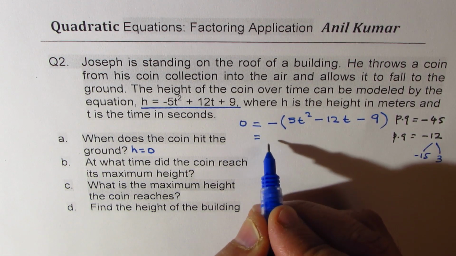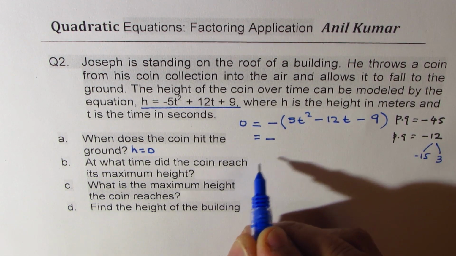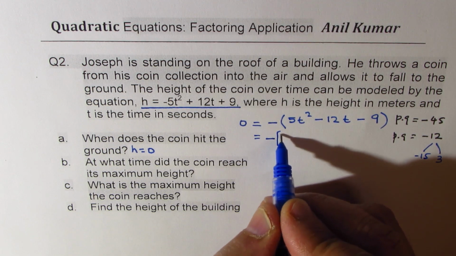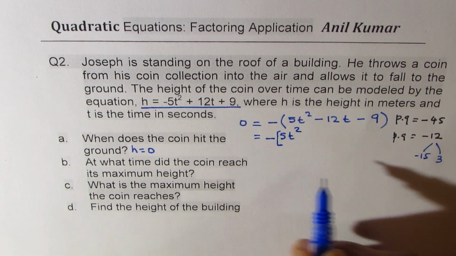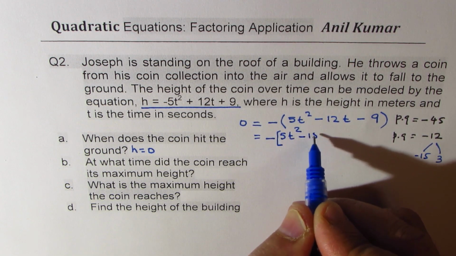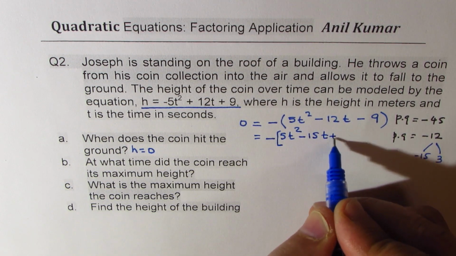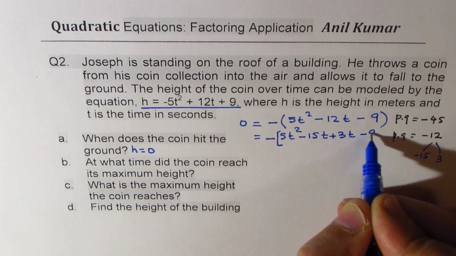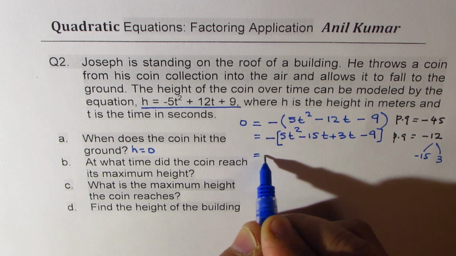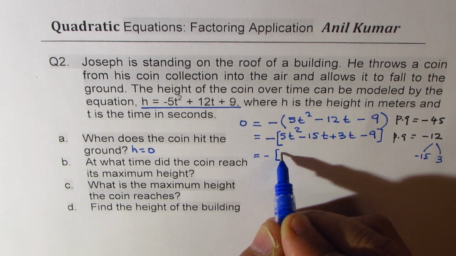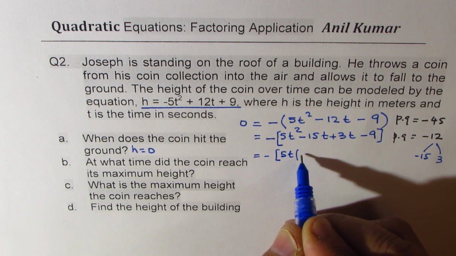So we could factor this in 2 steps. We could write this as 5t square minus 15t plus 3t minus 9. Do you see that? And then we can factor 5t from the first 2 terms.